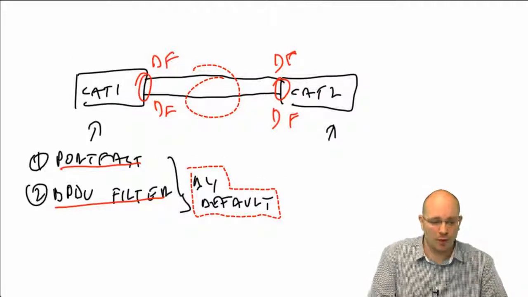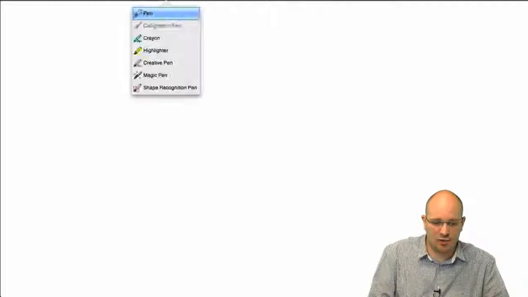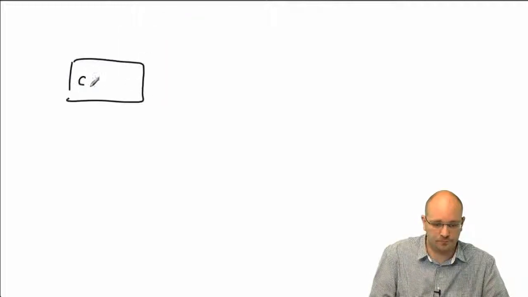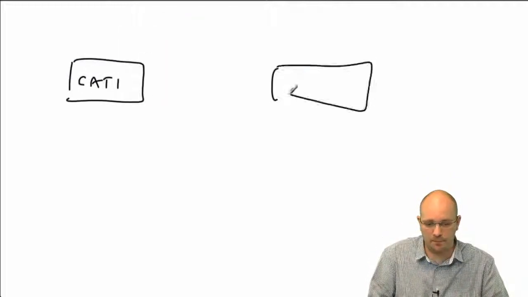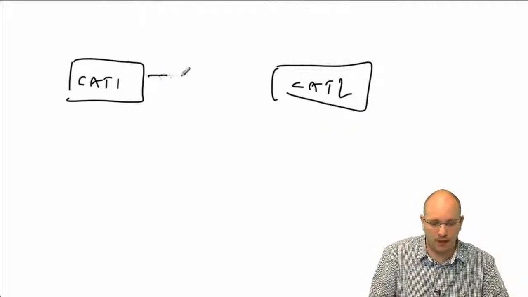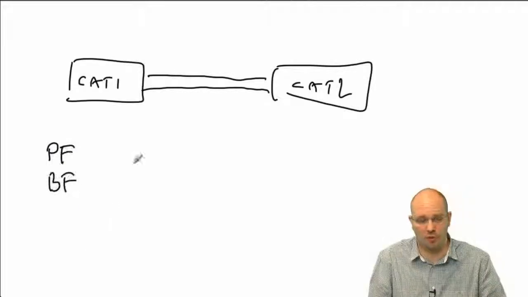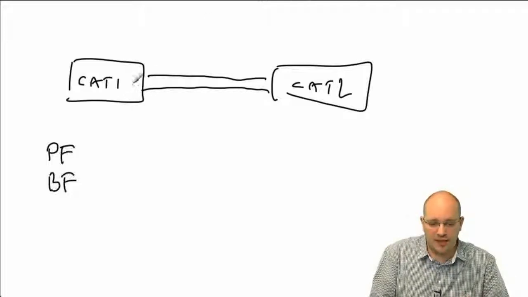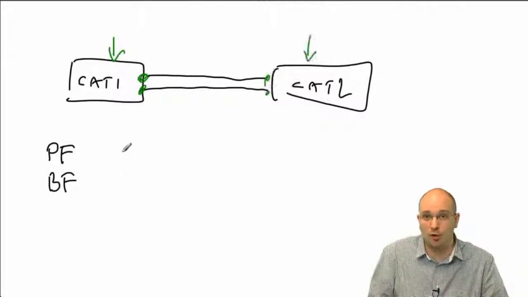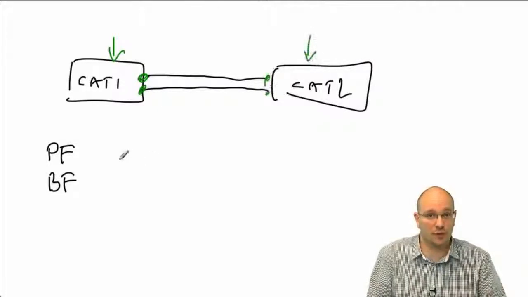How does it work? Well, let's redraw our topology here. So I have cat1, cat2, and two links between them. Again, PortFast and the BPDU filter are enabled by default on this port. Now, Cisco knows that if this configuration is applied on this switch and on all of these links, we are going to end up having the previously described problem.